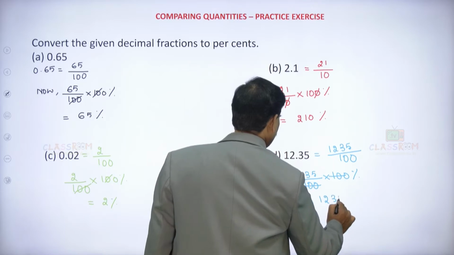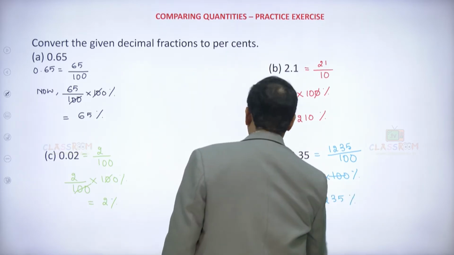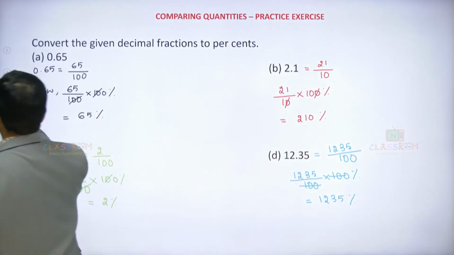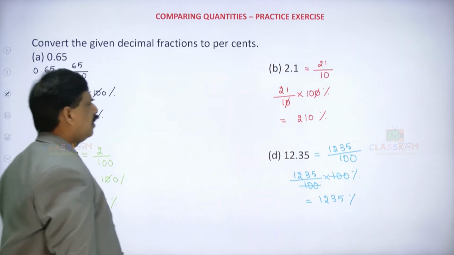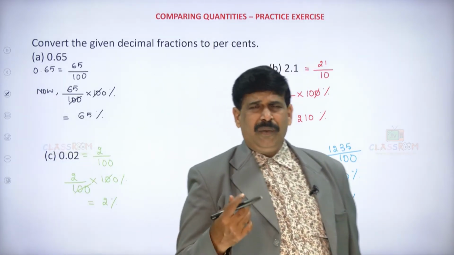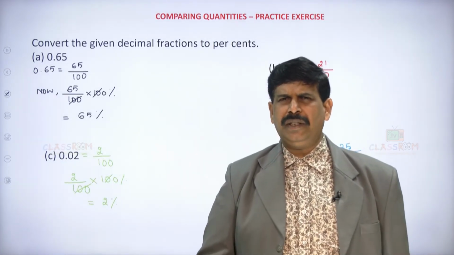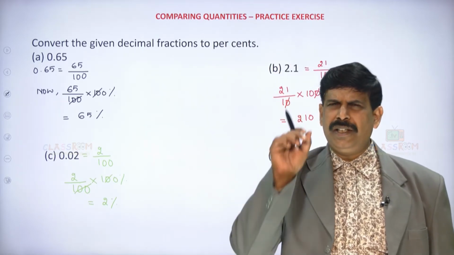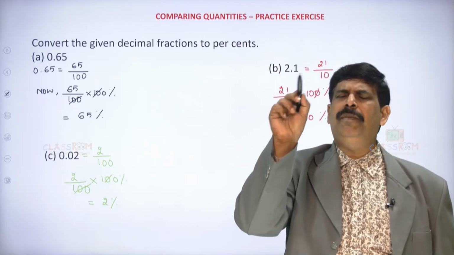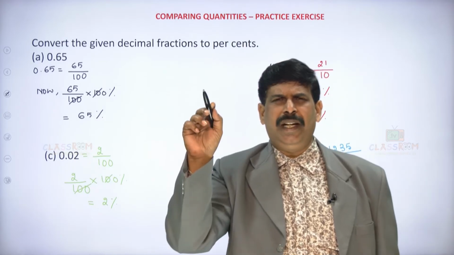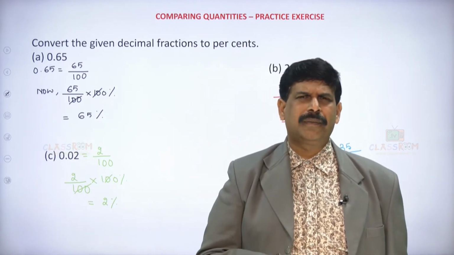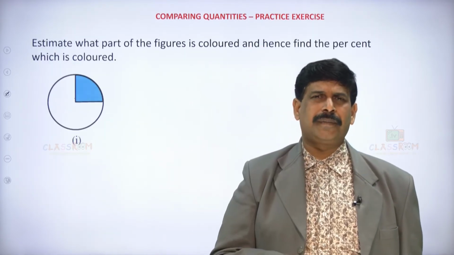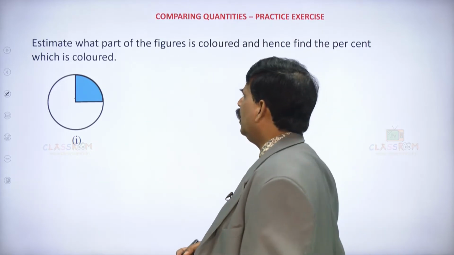So it is 1235%. So what you should understand from this? Convert the decimal into fraction first and multiply with 100 and keep the percentage sign. Or the easiest way is to move the decimal point two places right and keep the percentage sign.